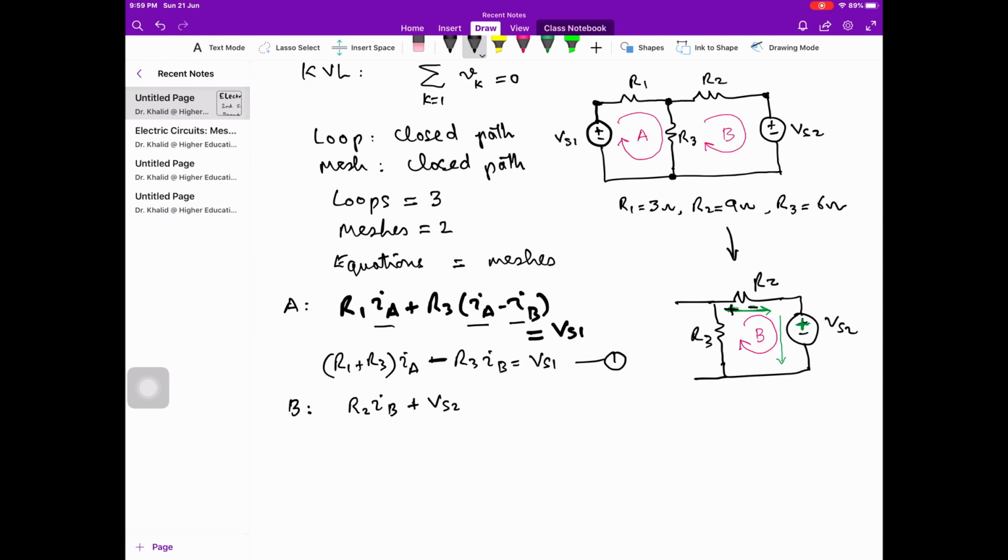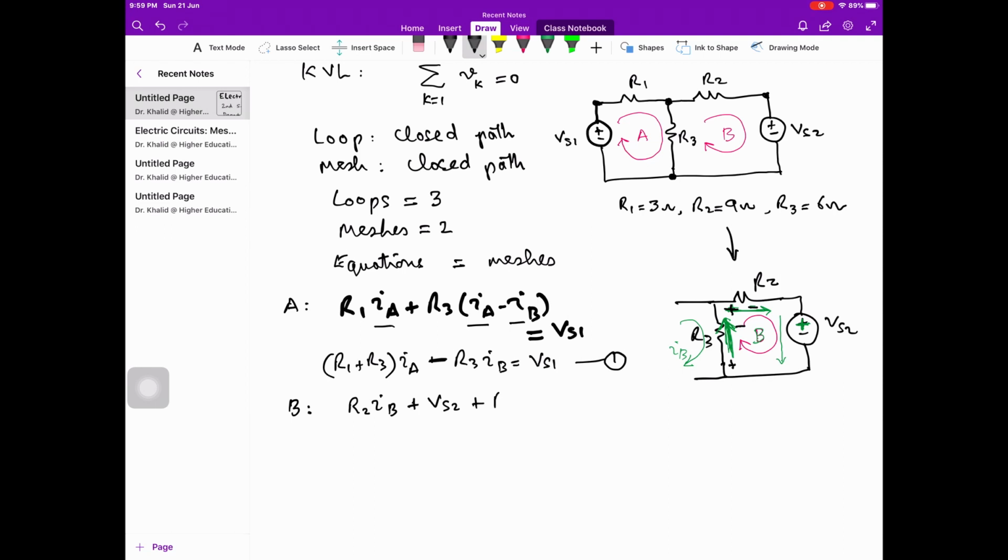And then this is R3 over here, following the direction of IB, which is upward over here. But now you should know that IA is flowing in the opposite direction. So what is the net current, net upward current flowing through this side? As we are in mesh B, the net upward current will be IB minus IA, and it will be a voltage drop because it is positive and negative over here.